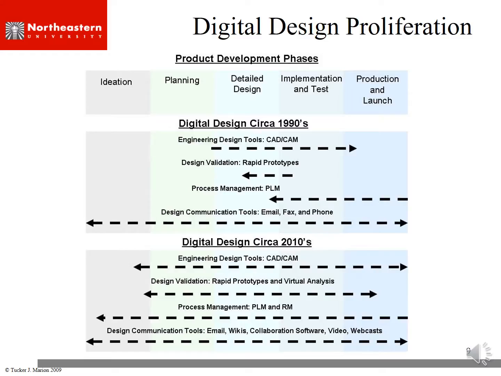In the past, back in the 1990s, everything was fairly linear. It was a serial process where one step led to the next step, which led to the next step. Today, in the last half dozen years, we've developed this parallel model. We can do multiple things at a single time, and by having multiple processes happening at the same time, it allows us to accelerate schedules and compress costs.